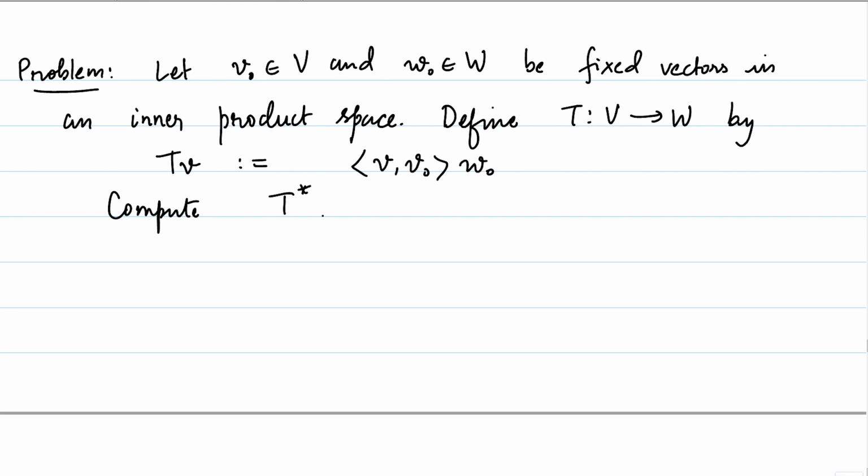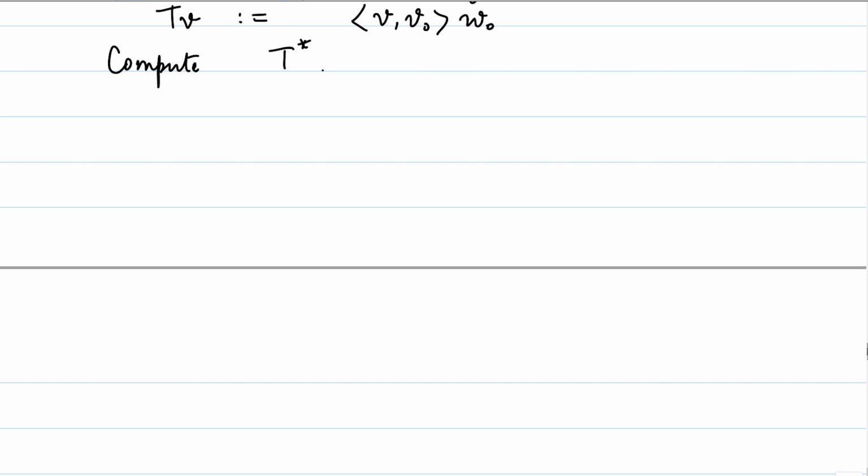Of course, there are multiple approaches. Here I think the first approach might be better. Let's check. We would like to compute what is T star of w, right? Let's do the standard trick. Let's look at the inner product of a vector v with T star of w.